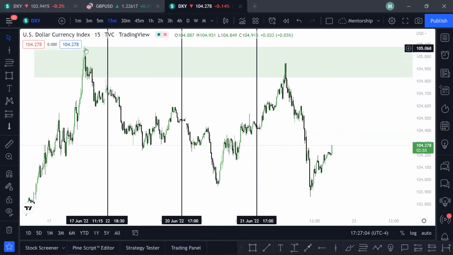Between this level and this one, we have this. We don't want to see this high taken. We just want to see price rally above two highs, this high and this high. Once it does that, we are looking for opportunities to do what? To sell, to go short.